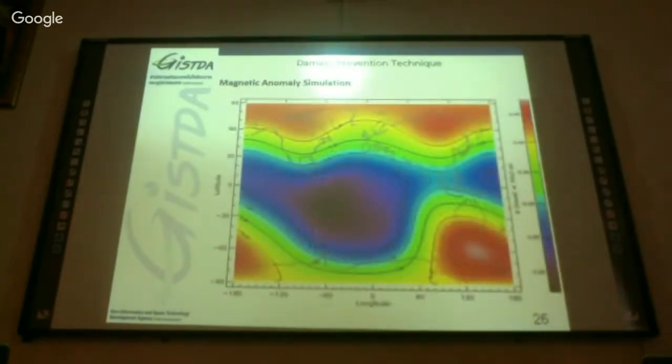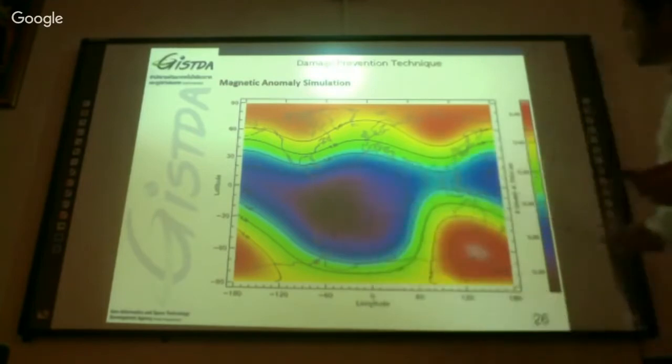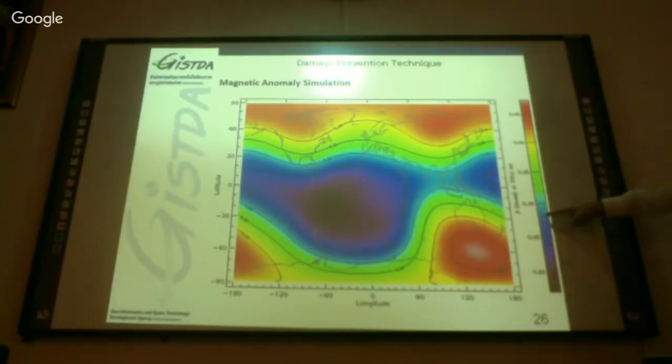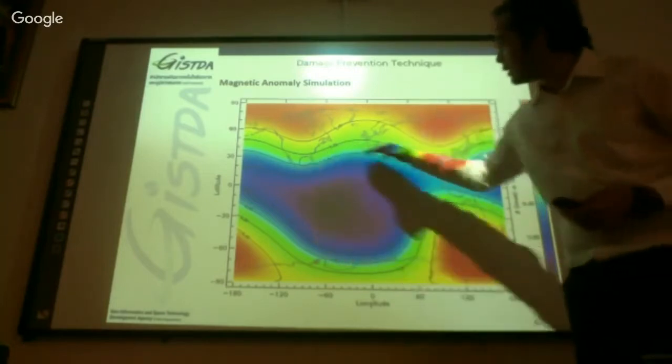This is the simulation of the magnetic anomaly. You can see the magnetic intensity is very low here, about 0.2 or 0.28 is our warning threshold. That means 0.28 is around here in this area.